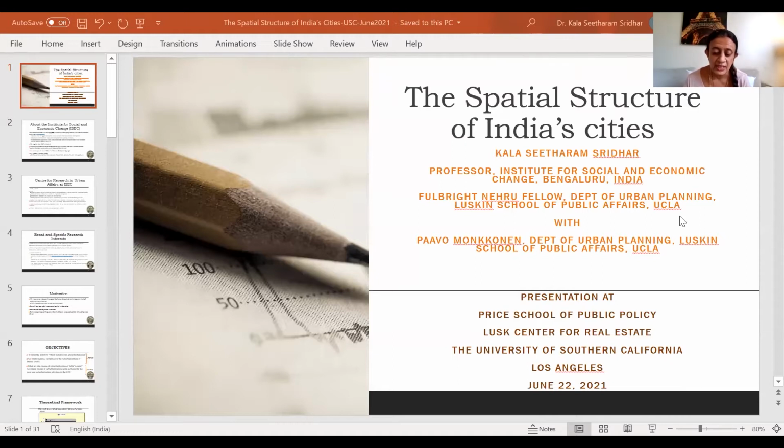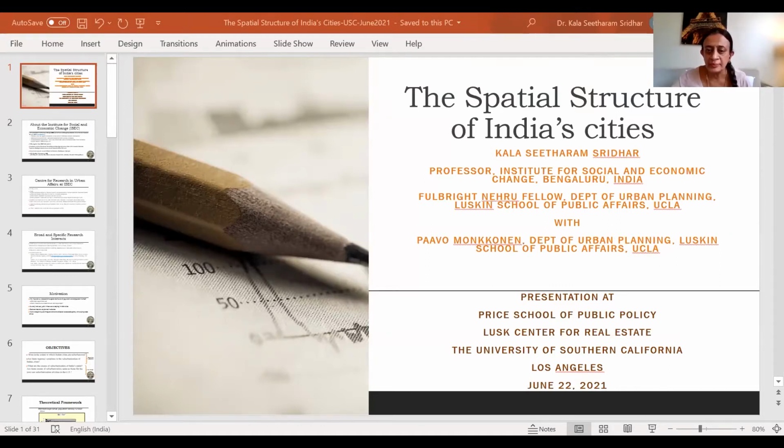And there's an entire team consisting of my GIS consultant and others in India that have helped me with the work. And this research is joint with Pavo Mankonan at UCLA Luskin School of Public Affairs, where I'm currently based as a visiting Fulbright Nehru Fellow. And the standard disclaimer applies, which is that any errors remain ours.